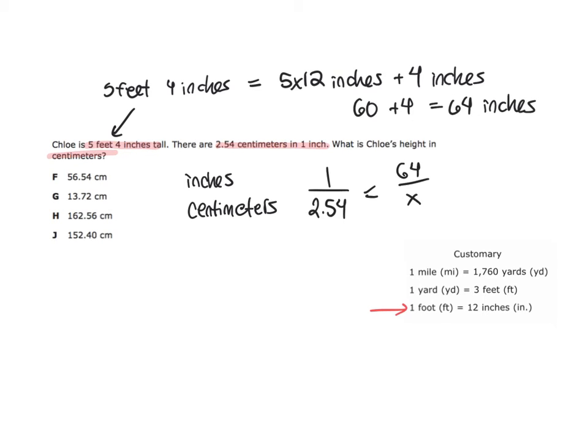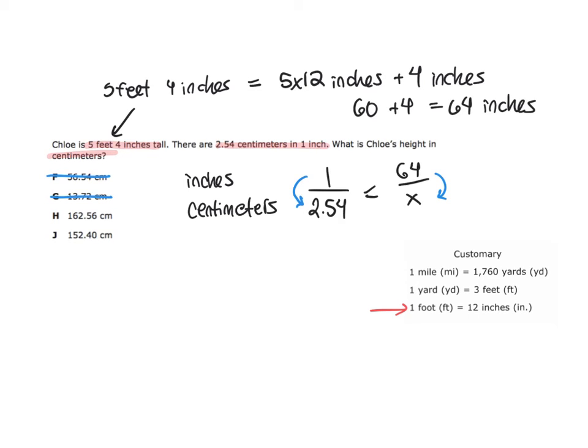Before I actually do any math here, I notice that 2.54 is a little bit more than 2.5 times 1. So my answer should be more than twice as much as 64. It should be more than 64 times 2. If I was going to estimate it, I would say it's definitely more than 120, more than 130. So let's look at those answer choices.